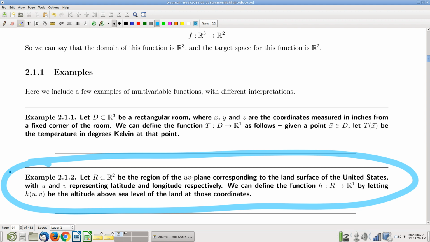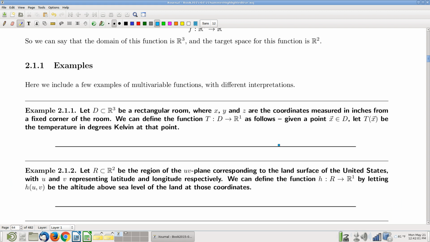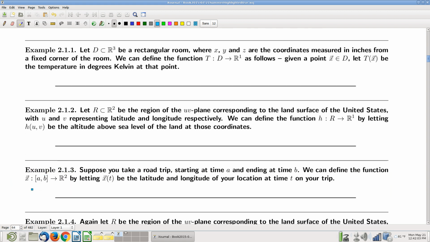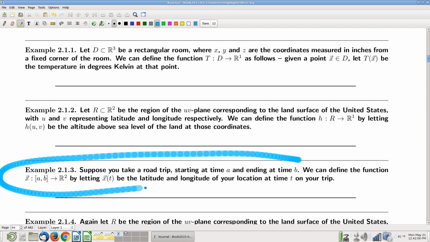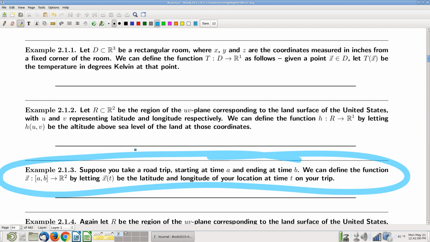So, multivariable function. Here's one that's a little weirder. This is a road trip function. Imagine you get in the car and go off and have a nice time on a road trip.